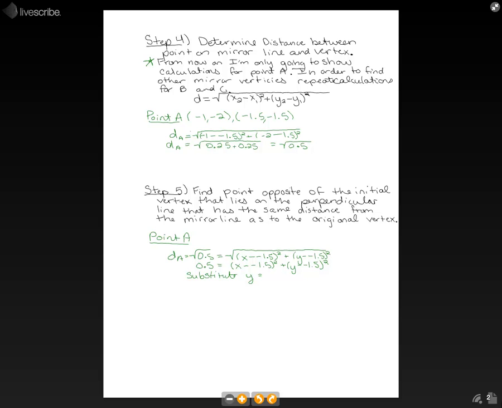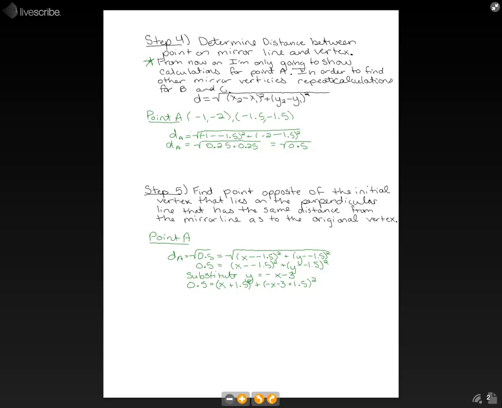We're going to substitute y equals negative x minus 3 into our equation. So we'll have 0.5 equals x plus 1.5 squared. We just changed two negatives to a plus there. Plus negative x minus 3 plus 1.5, all that squared.